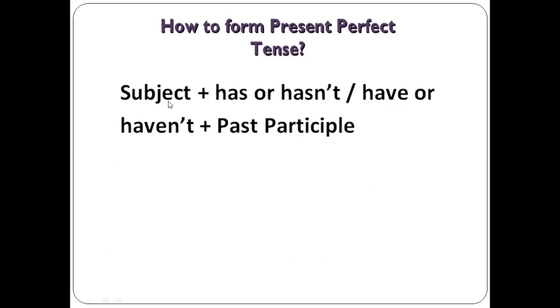Subject plus has or hasn't, has for positive and hasn't for negative, or have or haven't plus past participle. Again, subject plus has or hasn't, or have or haven't plus past participle. And I'm going to discuss past participle later on.